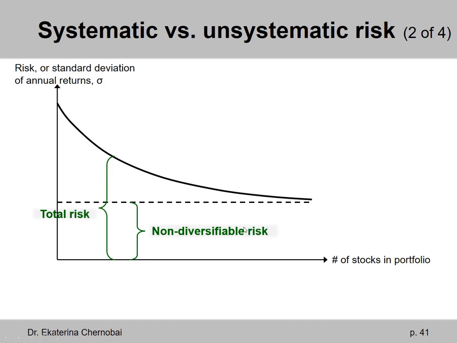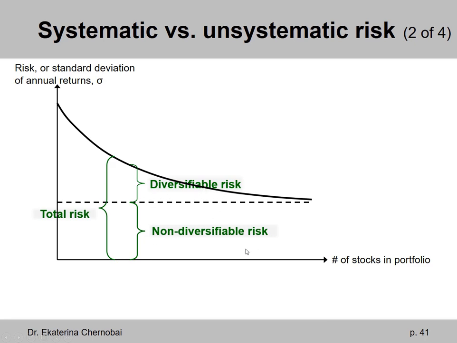So diversifiable means something we can eliminate through diversification, through adding more and more stocks to our portfolio. So this minimum amount of risk cannot go away. It's beyond our control. And the one that can go away is called diversifiable risk. So diversifiable risk is in our control.